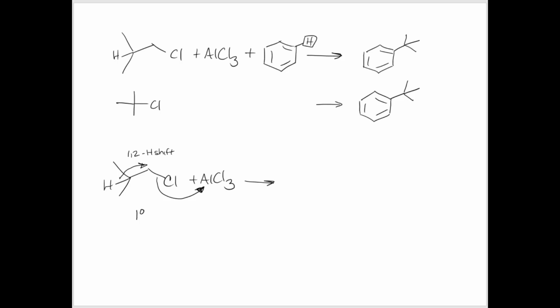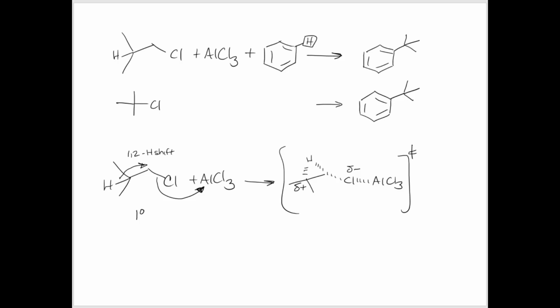So if I was going to write a transition state for this, here's what I would write. I would write the hydrogen kind of bridging between the two carbons, the carbon-chlorine bond breaking, and the aluminum-chlorine bond forming. So this would be my transition state with the aluminum trichloride. Basically, this chloride's moving as a negative, as an anion, and this carbon will eventually get the positive charge of forming the carbocation.